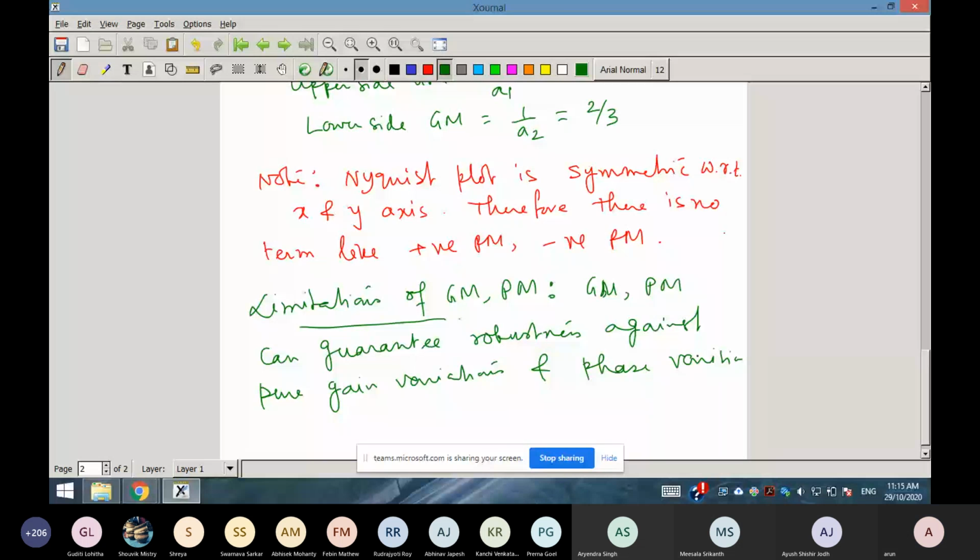This term, pure, is important. So this is the limitation: pure gain variation and phase variation.